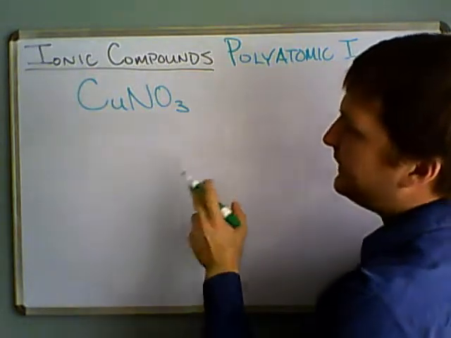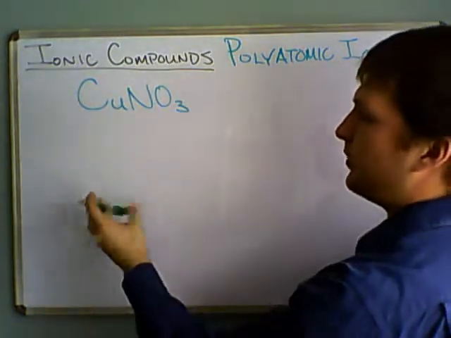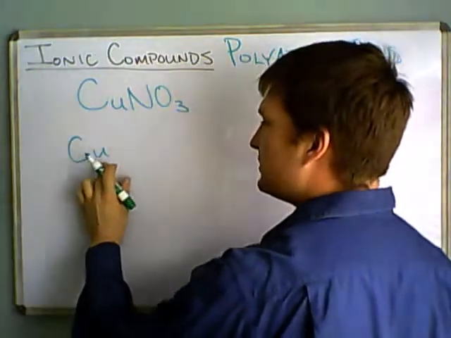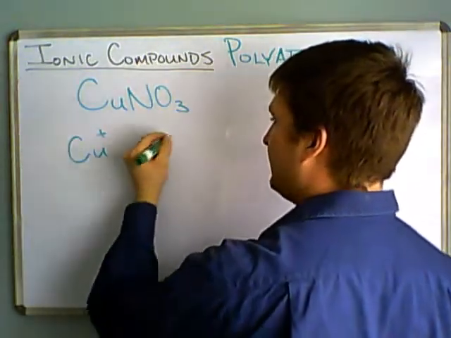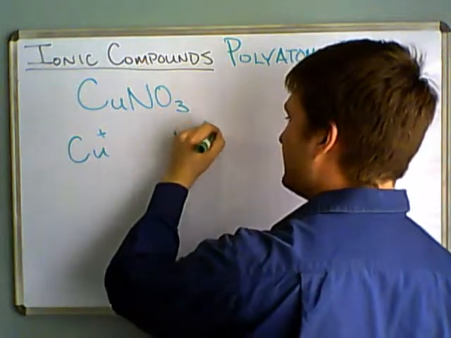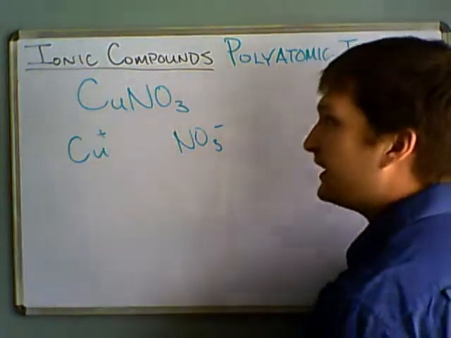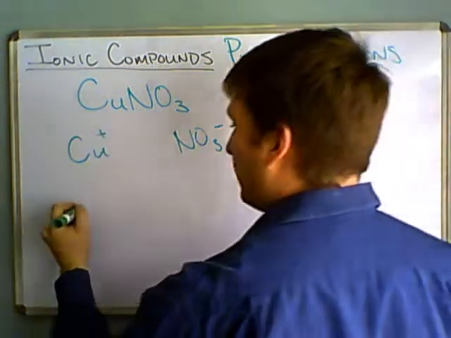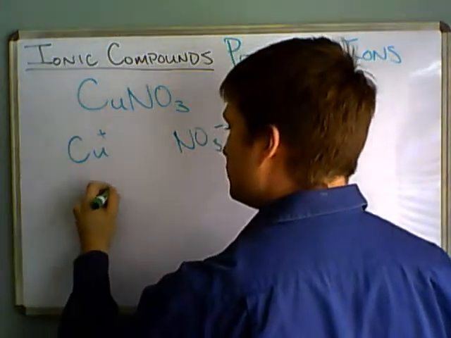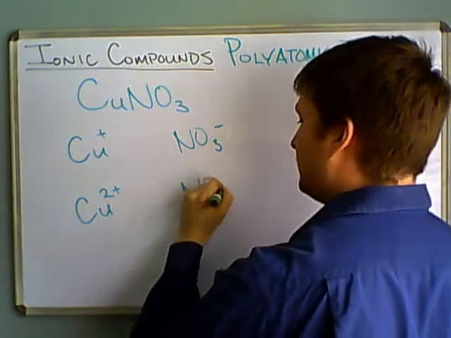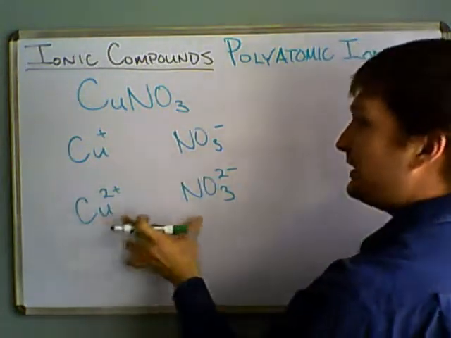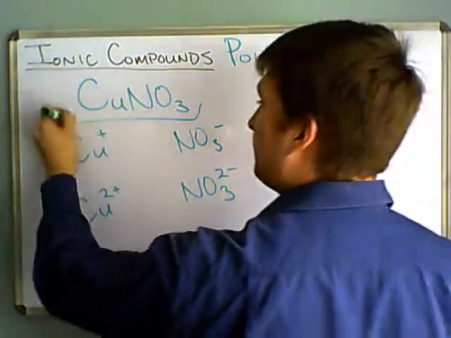So the first thing I do when I break this apart is say, this could be Cu+ and NO3-, but it could also have been that these were like charges. What if it were Cu2+ and NO3 2-? If we cross those, that would give us this same thing right here.